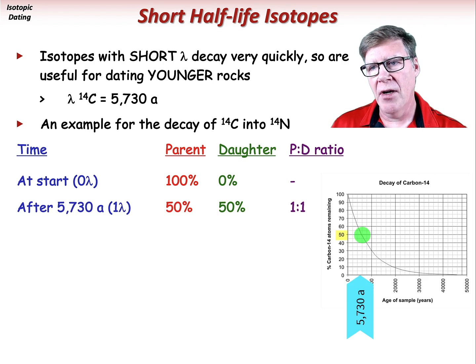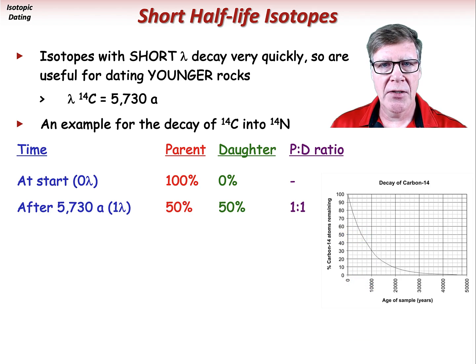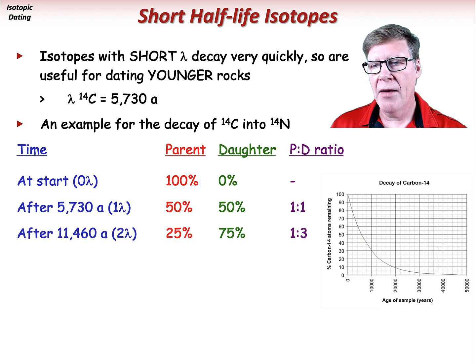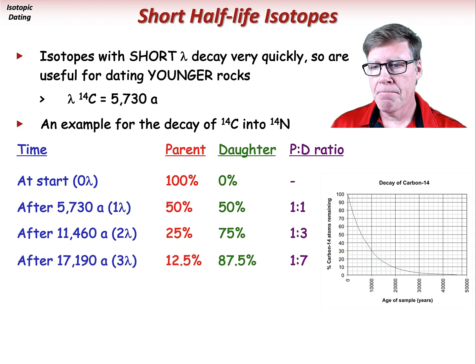So this is one half-life for carbon-14. 50% parent, 50% daughter, a 1 to 1 parent-daughter ratio. 2 half-lives, or 11,460 years after the start, we're down to 25% parent, 75% daughter. 3 half-lives is 17,190 years later. Okay, so we're down to 12.5% parent and almost 88% daughter.